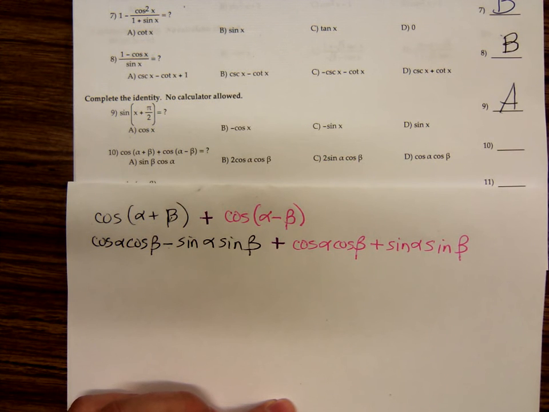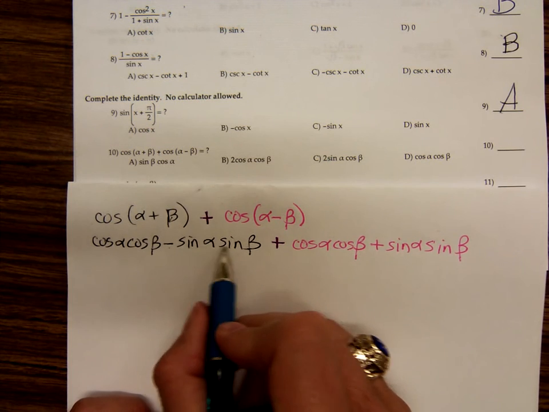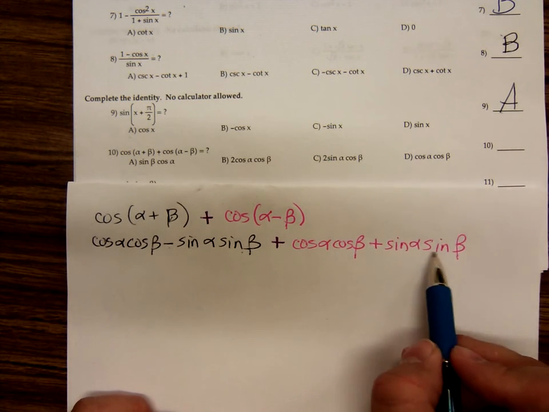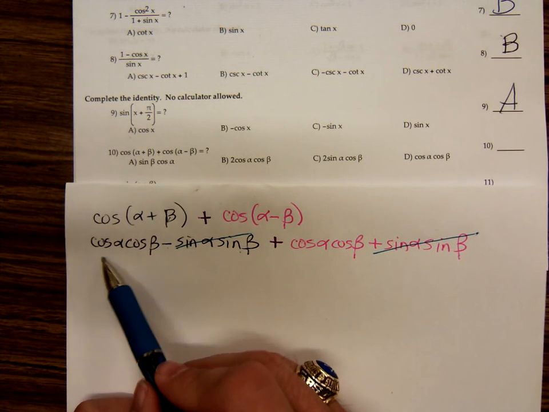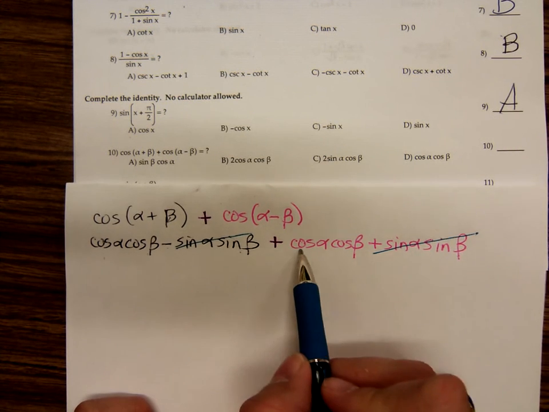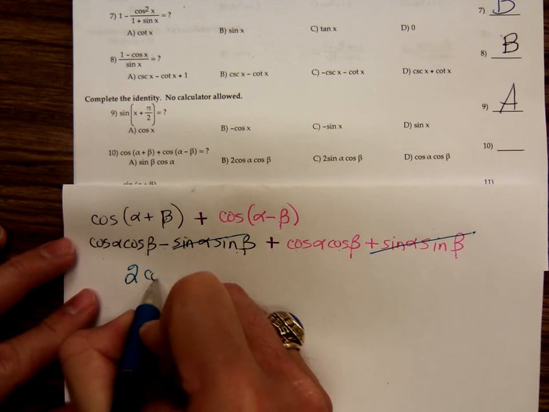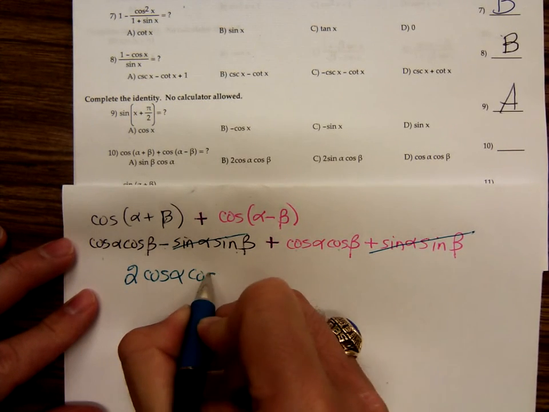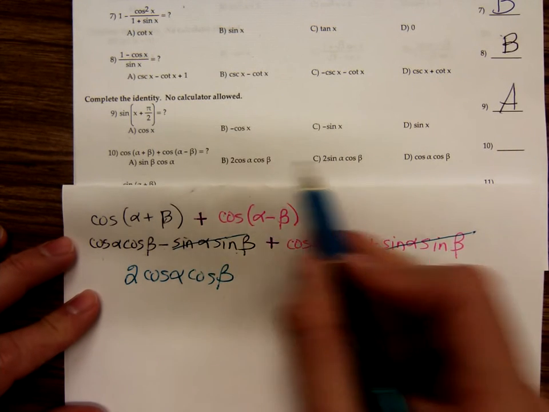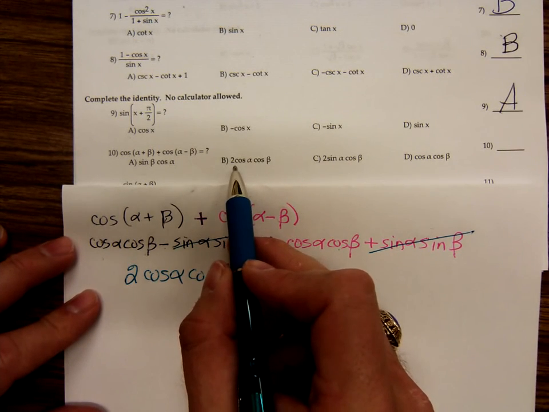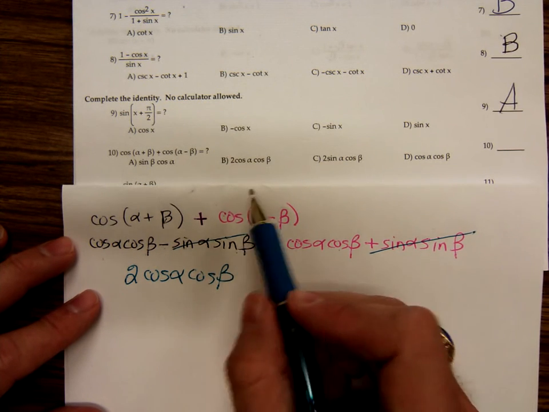The negative sine alpha sine beta and plus sine alpha sine beta, those subtract out. So you have cosine alpha cosine beta plus cosine alpha cosine beta. That's just going to be 2 cosine alpha cosine beta. Oh, look closely. B and C look the same, don't they? But it is B.